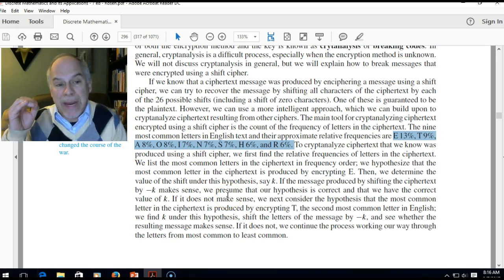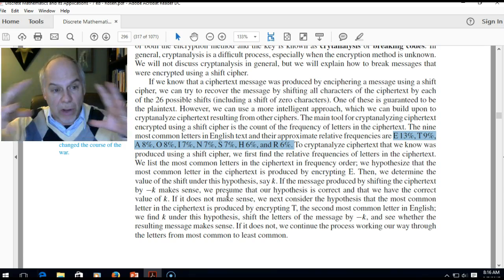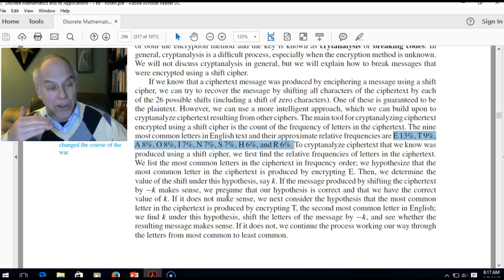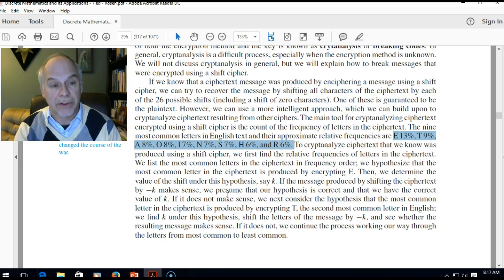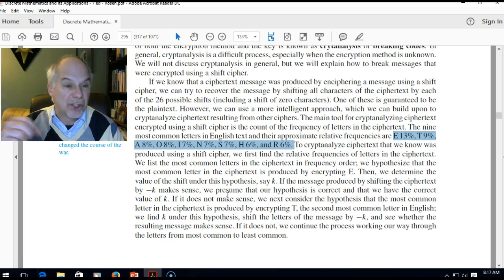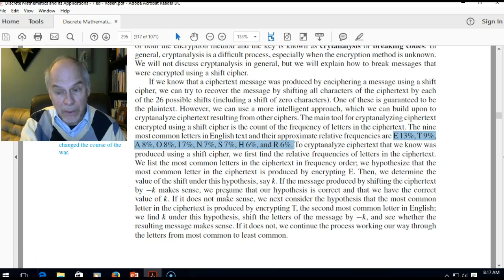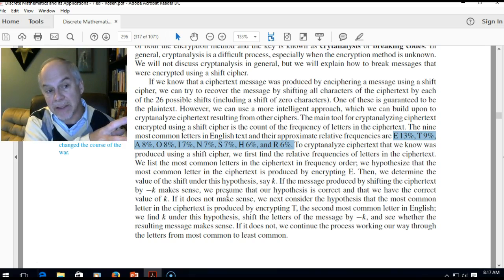If we have a message that's long enough, based on the frequency of the letters used, we can make good guesses as to what letters go with what encrypted letter. In other words, if the most commonly used letter is a G, then G probably is the encrypted letter for the letter E, because E is the most common letter used in messages.